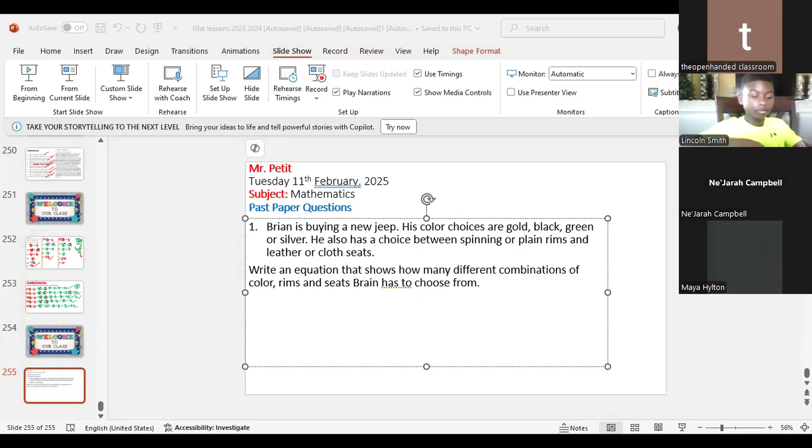So how are we going to do this? Anyone have an idea of how we are going to answer this? We want to write an equation that shows how many different combinations of color, rims, and seats he has to choose from. You don't have any idea how we are going to do this?